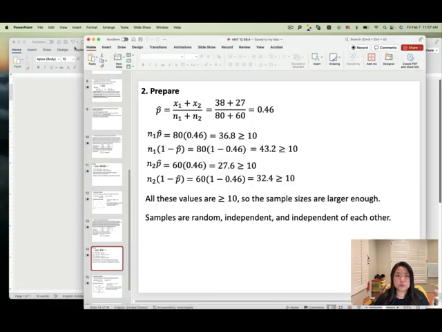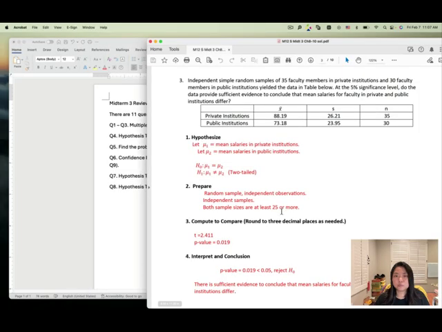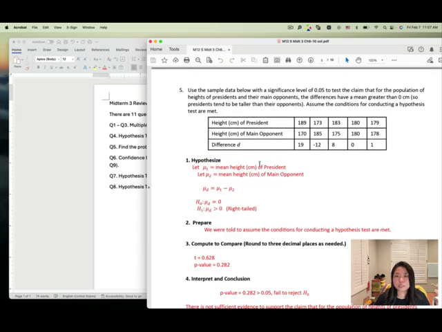Okay, question 5. You could see a dependent sample. Okay, you're going to compare dependent samples. So sample 1 and sample 2 are related to each other.